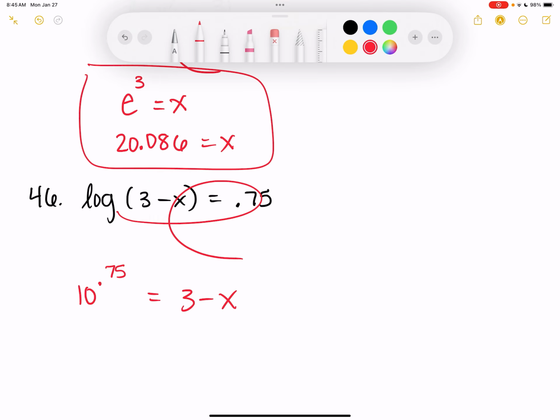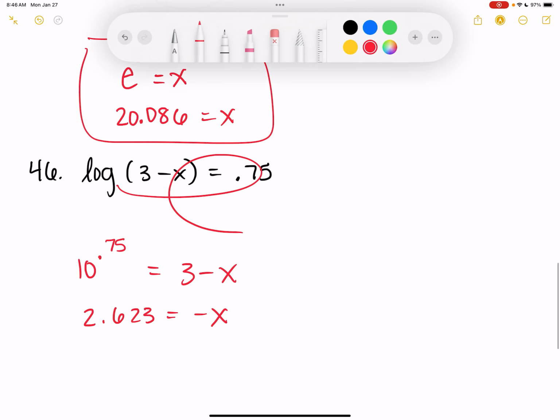So 10 raised to the 0.75 is 5.623. Just to save some time, I trust that y'all can do that. I'm going to subtract the 3, which gives me 2.623 equals negative x, and then I just need to divide by the negative, so I can make the number negative.